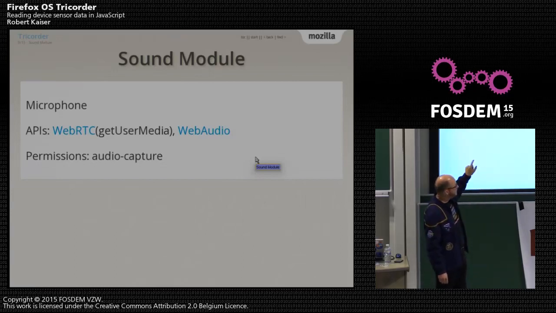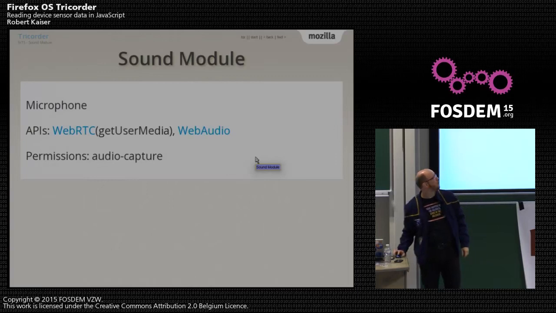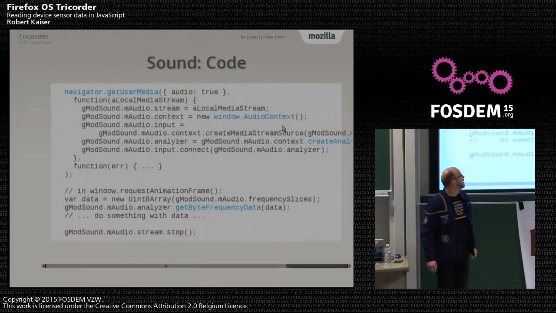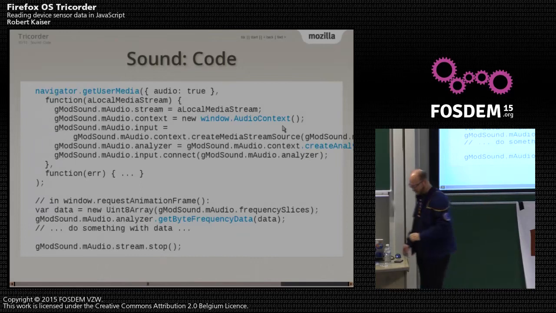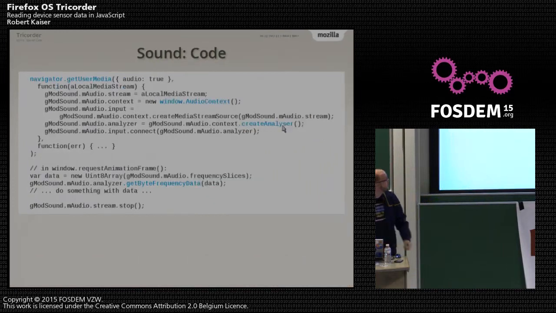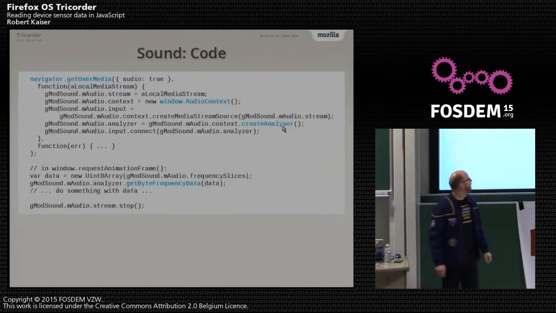The permission you need is audio capture for the WebRTC getUserMedia part to actually fetch the audio data from the microphone. And that looks like this. As I said, probably the most complicated piece I have in there. And what I feared is true, we don't even see that completely here.